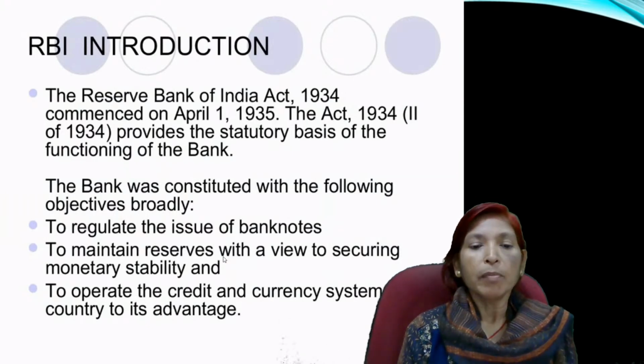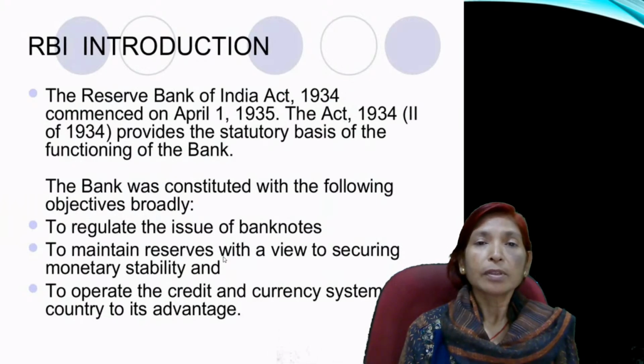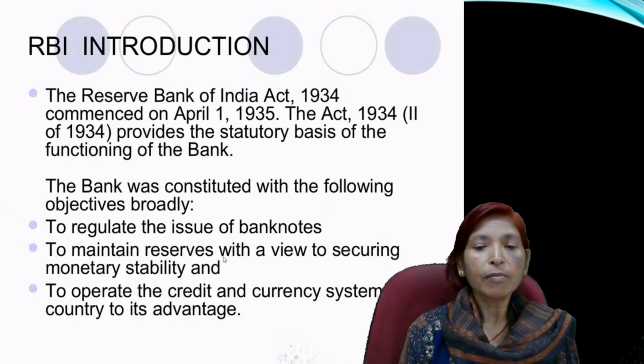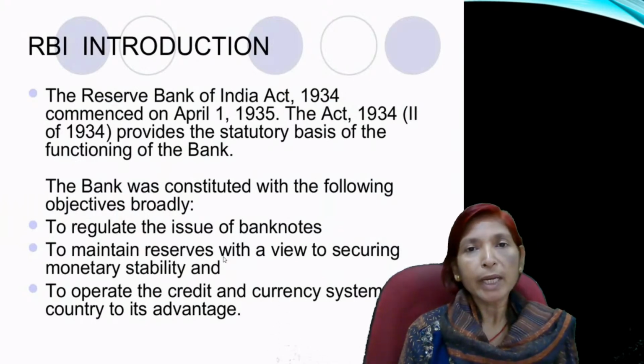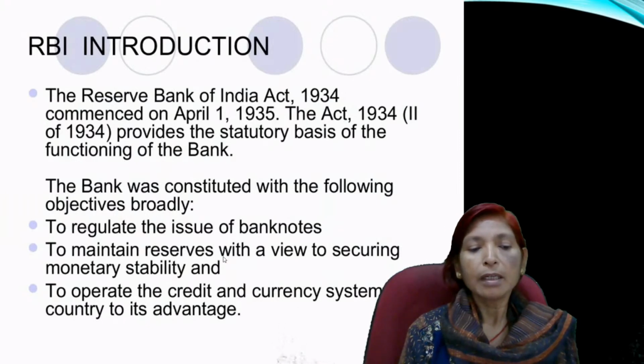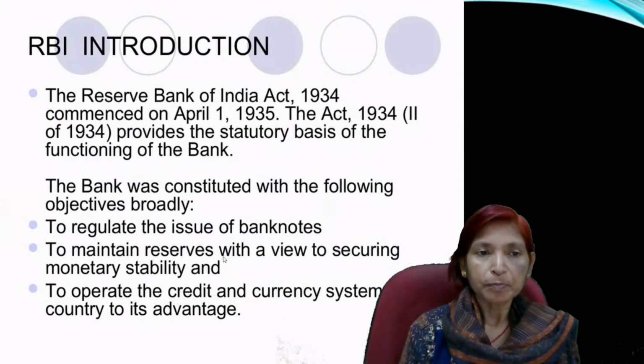Its main purpose is to regulate the issue of bank notes, to maintain reserves with a view to securing monetary stability, and to operate the credit and currency system of the country to its advantage.